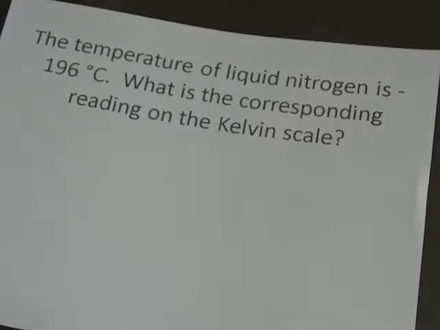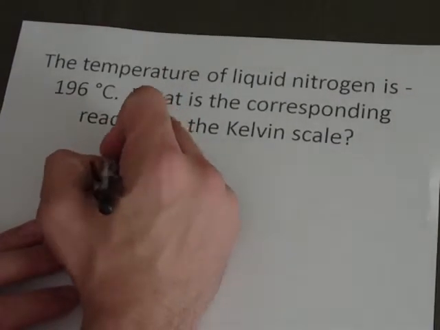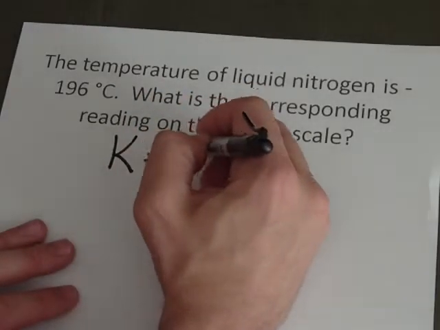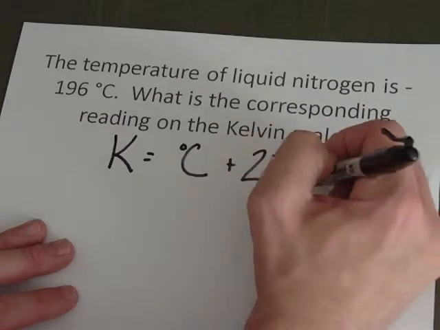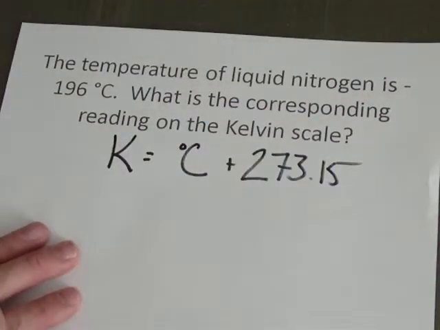And the last math problem that we will try is a temperature question. So the temperature of liquid nitrogen is negative 196 degrees Celsius. What is the corresponding reading on the Kelvin scale? So remember that Kelvin is equal to degrees Celsius plus 273.15.